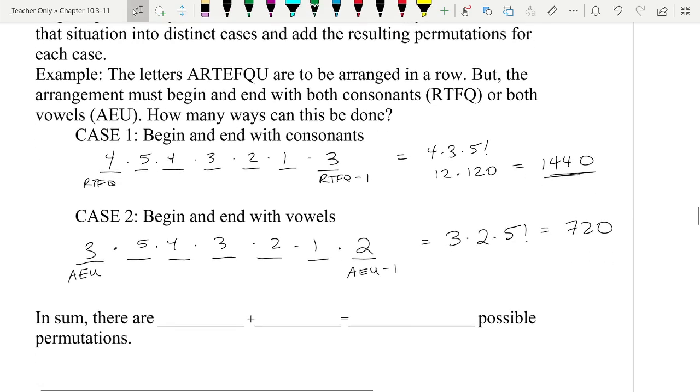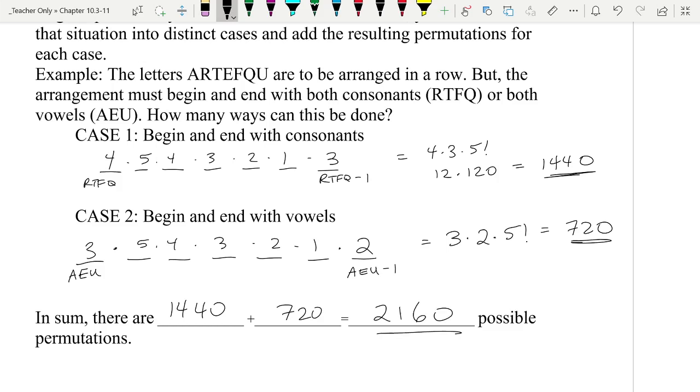So in total, there's 1440 plus 720, which is 2160. Why couldn't I just do that in one big calculation? Well, because the choices for the endpoints didn't have the same sample size for their sets.